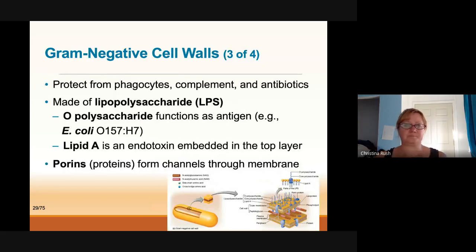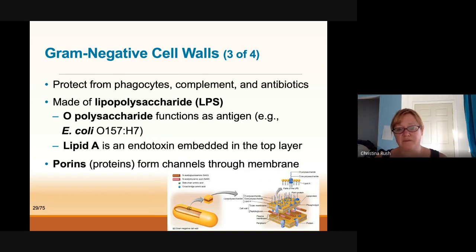So these gram-negative cell walls, all those components in that cell wall will help to protect from phagocytes. Phagocytosis, those cells that are trying to come around and eat the bad cells. Gram-negatives are very good at evading that. Gram-negative cell walls help to evade complement.